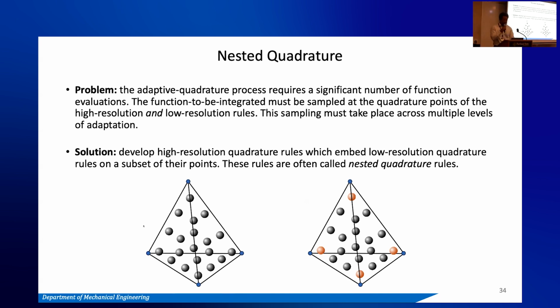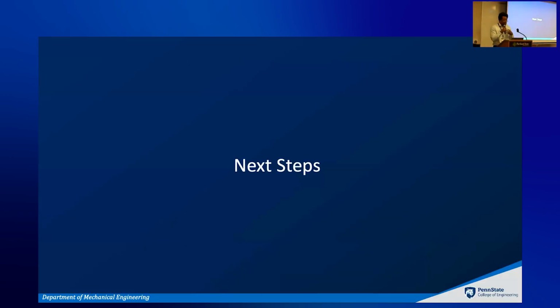So that's an open area of research: I have a quadrature rule that contains, as a subset of its points, a lower degree quadrature rule, and I can compare the two values that I get from evaluating those rules and get an error estimate. This would be like the holy grail on simplices, if these rules existed, which they don't, at least not to my knowledge.